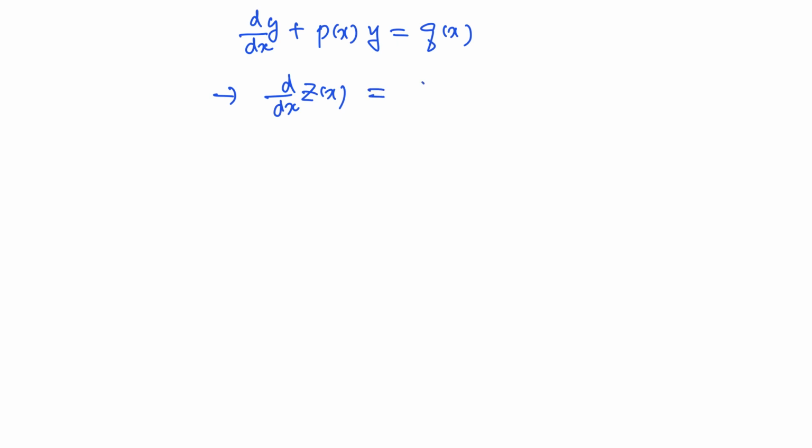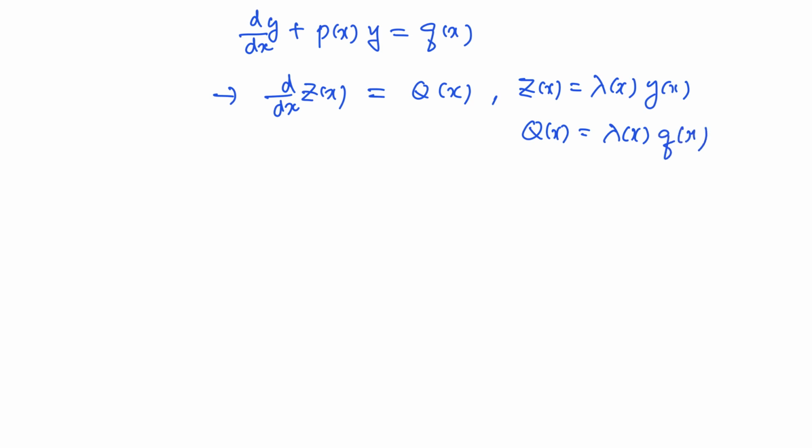So the original equation was dy/dx plus p(x) y is q(x). Then we would like to transform this into dz/dx equal to big Q(x), such that z(x) is lambda(x) y(x), and big Q(x) is lambda(x) times small q(x). So dz/dx is what?